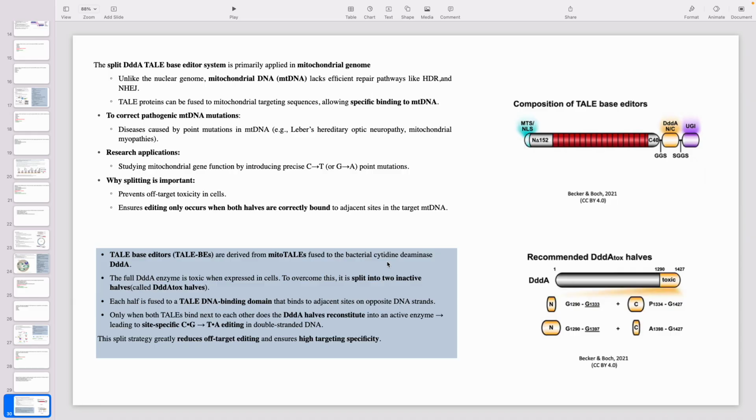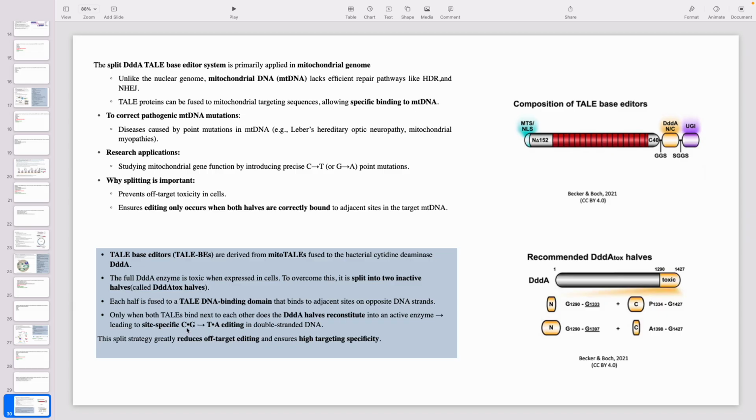So the mechanism is, there is a bacterial protein which is cytidine deaminase. What it does is it removes the amine group from the cytosine and it results in thymine formation. So this is how this enzyme is used for the conversion of this CG to TA.